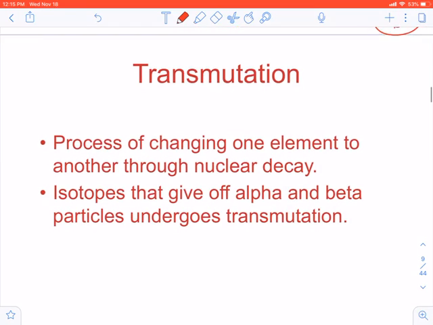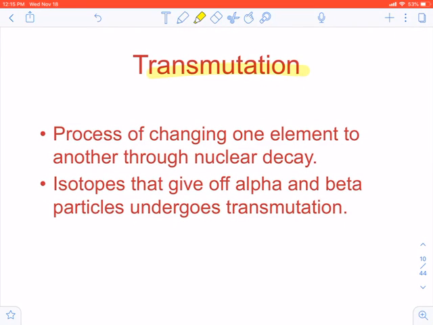All right? A term that we need to know is the word transmutation. Literally from Latin, trans means like to process, it's the process, and mutation, if you think of movies like X-Men, means change.